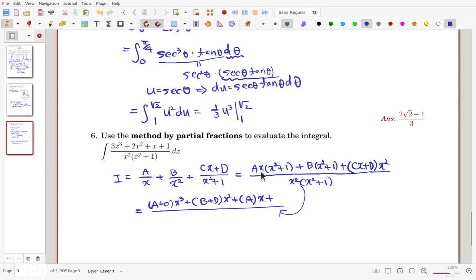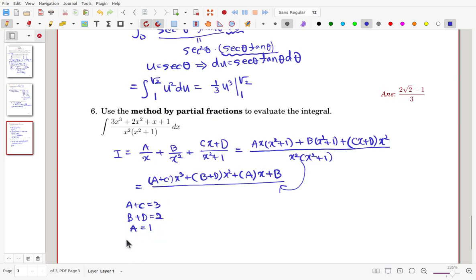None from the first, we have B from the second one, and for the last one none. So we got it. Now that must be the same as the numerator, which means A plus C must be 3, B plus D must be 2, A must be 1, and B must again be 1, right?